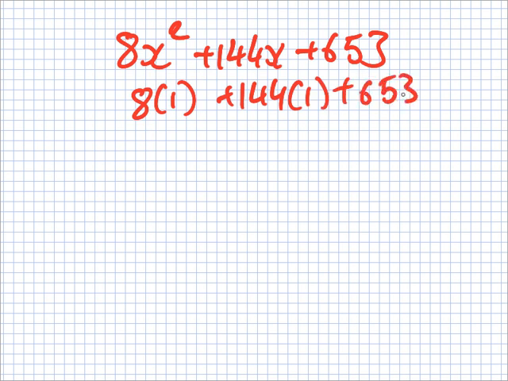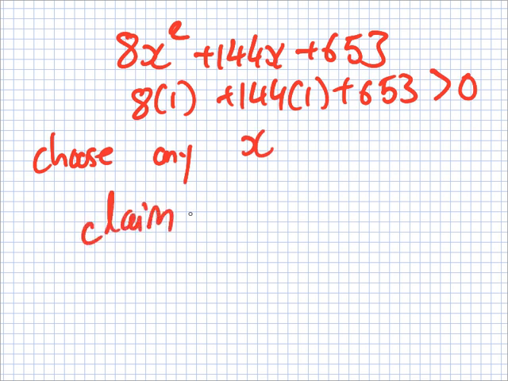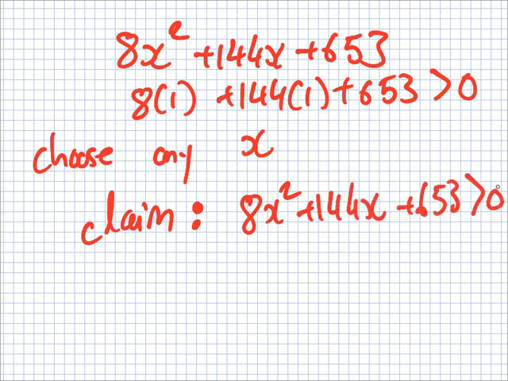we can see that it's a positive, right? In fact, it's not clear, but what will happen is, no matter what value of x, this will be positive, okay? If you choose any x, my claim is that 8x squared plus 144x plus 653 is positive.